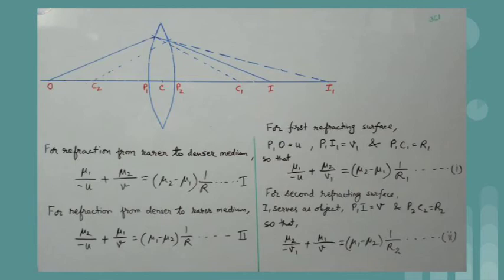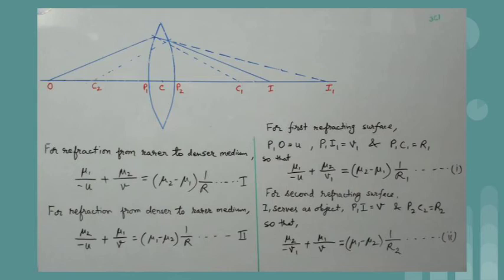I1 is a real image of the object due to refraction at the first surface. Therefore, mu1 by minus u plus mu2 by v1 is equal to (mu2 minus mu1) times 1 by r1. For the second surface, image distance P2I is equal to v and radius of curvature P2C2 is equal to r2. I1 serves as the object for refraction at the second surface. Therefore, mu2 by minus v1 plus mu1 by v is equal to (mu1 minus mu2) times 1 by r2.